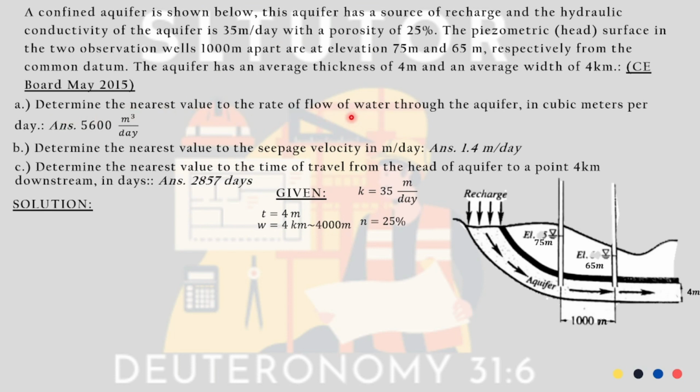Ano bang formula ng Q? Di ba alam natin? Q is equals to KIA. Yung K, yan po yung sinasabi ko kanina na hydraulic conductivity na 35 meters per day. Ano yung I? I is H over L or head loss over length. Ano yung head loss?